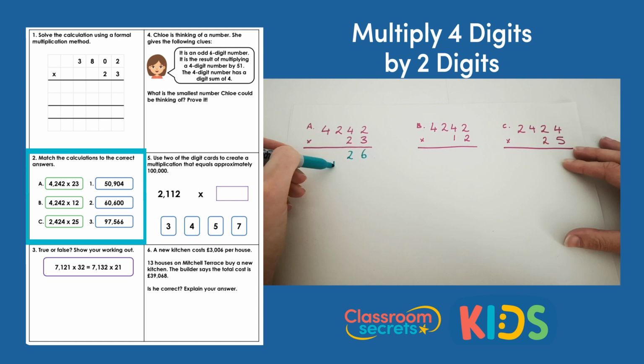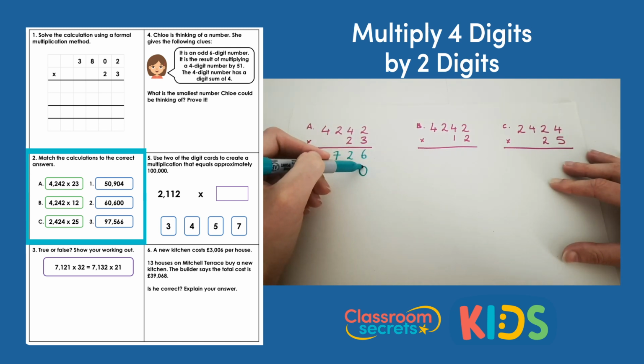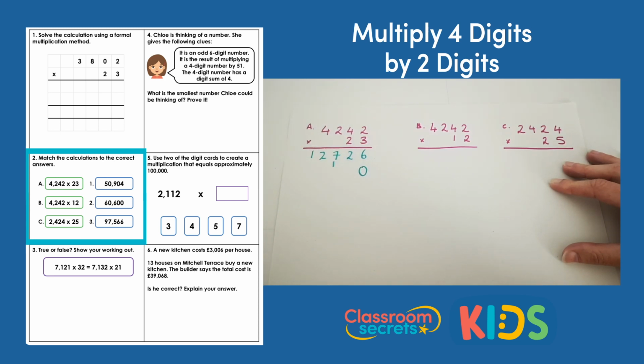So if we do calculation A, 4,242 times 23, 3 times 2 is 6, 3 times 4 is 12, 3 times 2 is 6, add 1 more is 7, 3 times 4 is 12. Moving on to the tens number, remembering to put our 0 down. 2 times 2 is 4, 2 times 4 is 8, 2 times 2 is 4, 2 times 4 is 8.